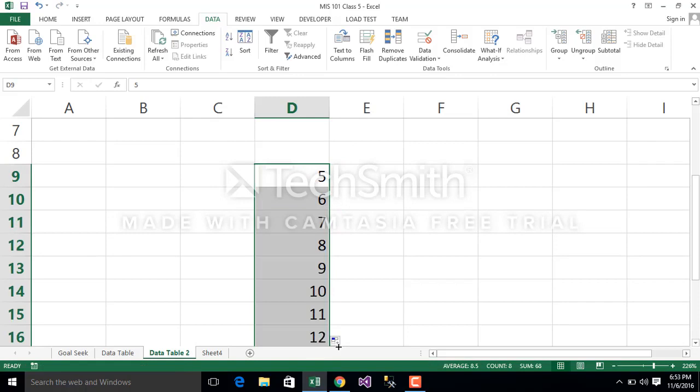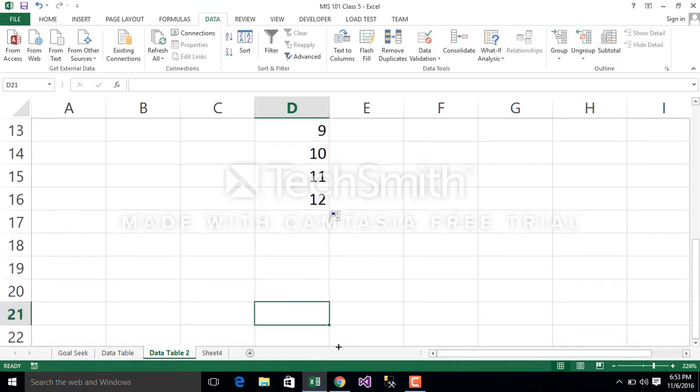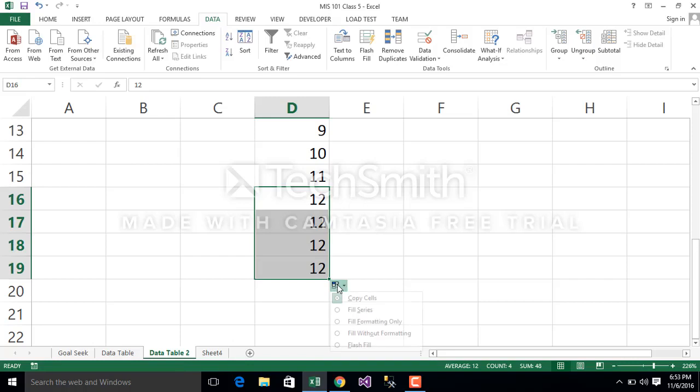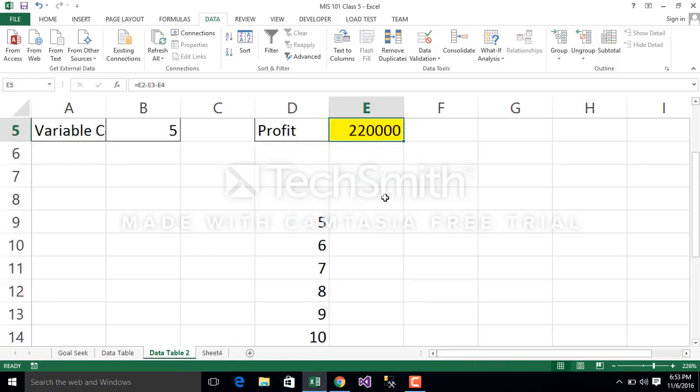Take the price up to 15, different prices, and different variable costs.